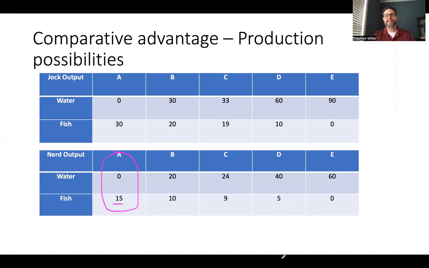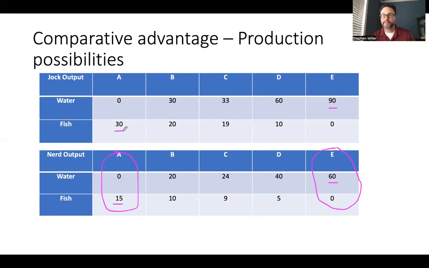That's not very good. So the jock shows the nerd how to gather water, and the nerd is not so bad at getting water, but even when the nerd spends all his time getting water, he's only gathering 60 liters of water a week. So he's not nearly as productive as the jock is at getting water, but he's also not as productive as the jock is when it comes to catching fish.